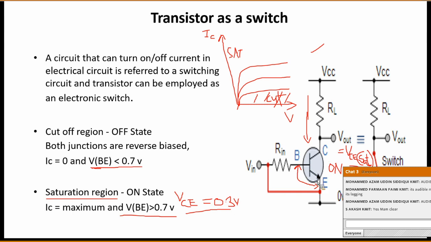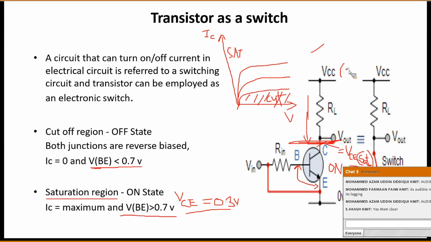Then the transistor is driven into the off state, operating in the cutoff region. It behaves like an open circuit, meaning there is no conduction path for current to flow through the transistor.